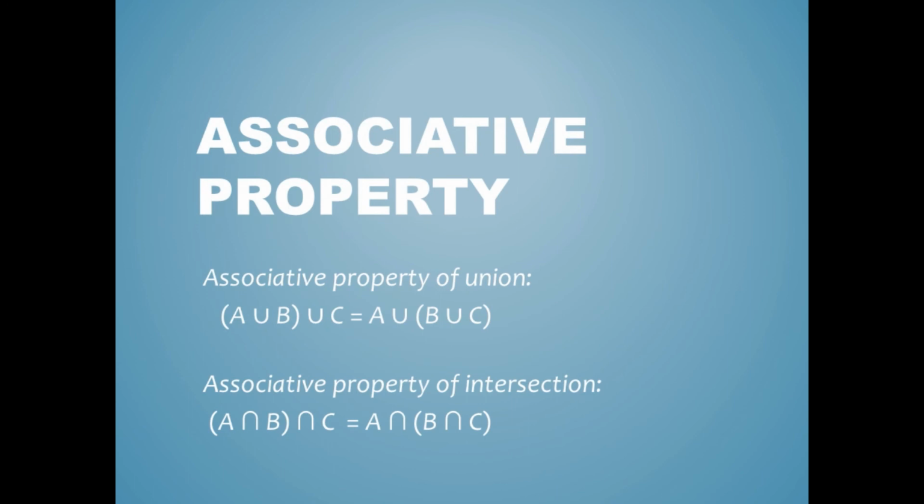Associative property. The associative property of union: (A union B) union C, we have the bracket on the first two sets, is equal to A union (B union C).